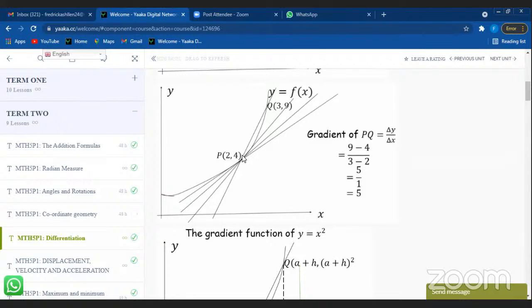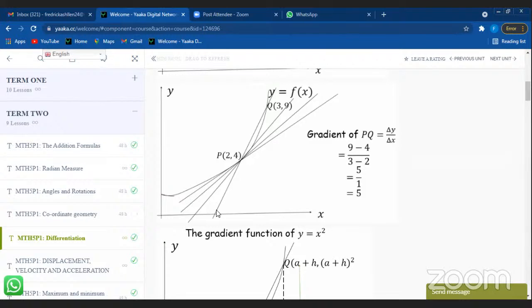Yes, so we have these lines passing through a common point, as most of us have identified, and that is point P, which is (2, 4). And all these lines are tangent to the curve y equals f(x) at that very point, so they are touching the curve at that point.